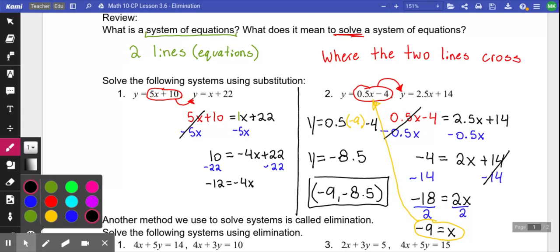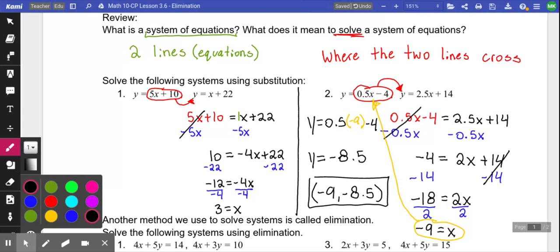The reason why is because this is negative 4 times x. And the opposite of timesing is dividing. So he's spot on. We are going to divide both sides by negative 4. And then I'm going to rewrite what I have. Negative 12 divided by negative 4 is positive 3 equals x.